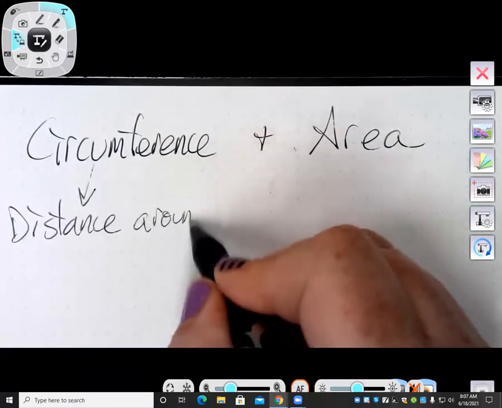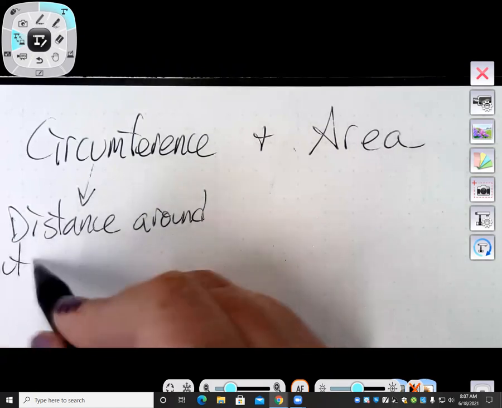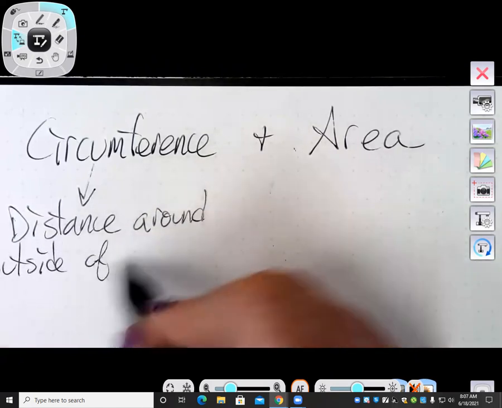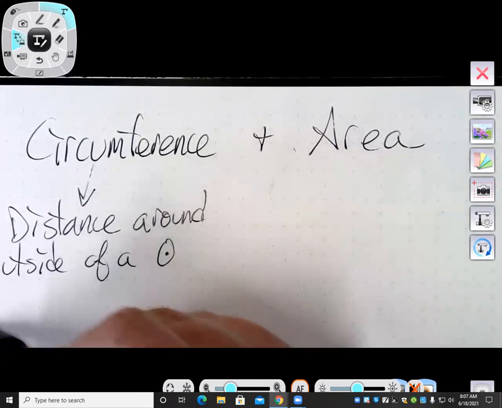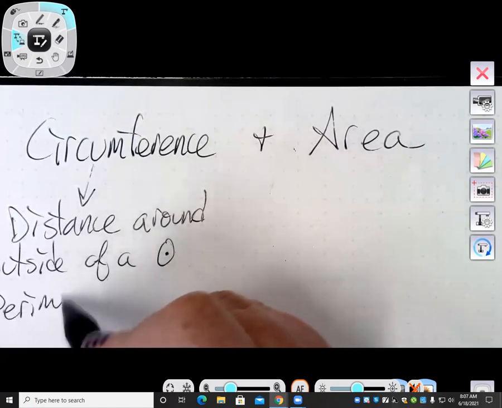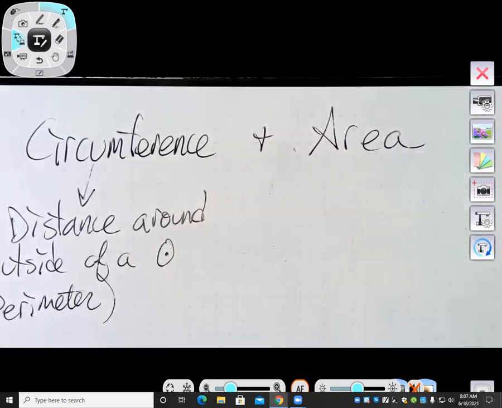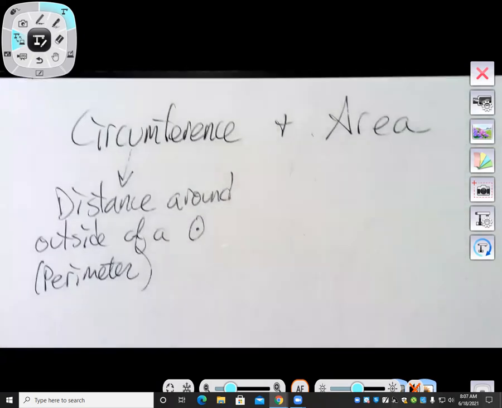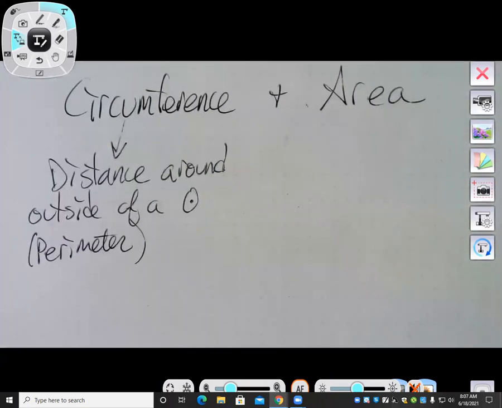Distance around the outside of a circle. So it's basically perimeter. Another thing, if you went outside and you actually did walk a lap, right? And someone said, oh, how far did you walk today? You would say, 1 mile or whatever. You don't say 1 mile squared.